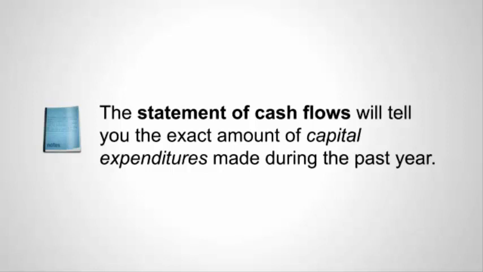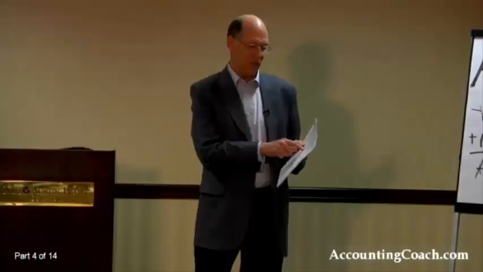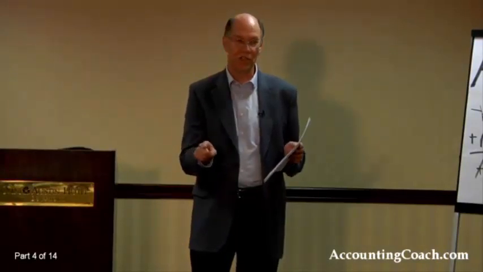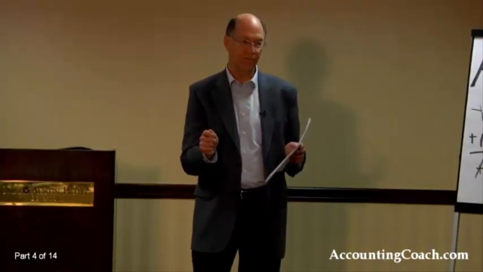So I tried to give some logic to what you'd imply here, but you don't even have to guess if you have the statement of cash flow. The statement of cash flow is the third one we're going to talk about, and some people think it's the most important, and it's the one that's least read. On that statement of cash flow, it'll tell you how much was spent for capital expenditures. So it's a phenomenal statement, and that's where you should go.